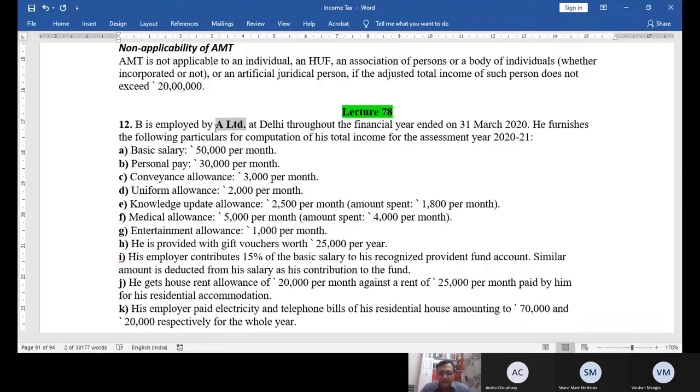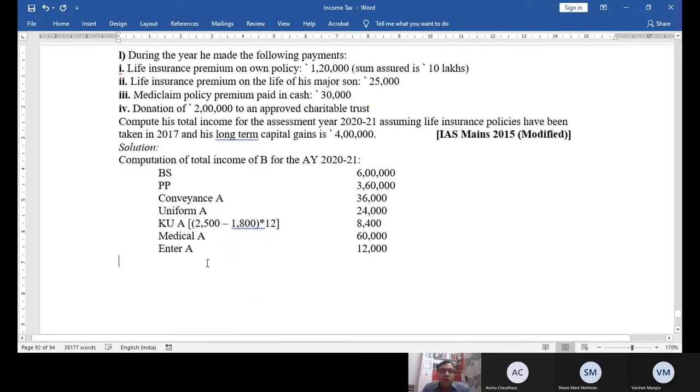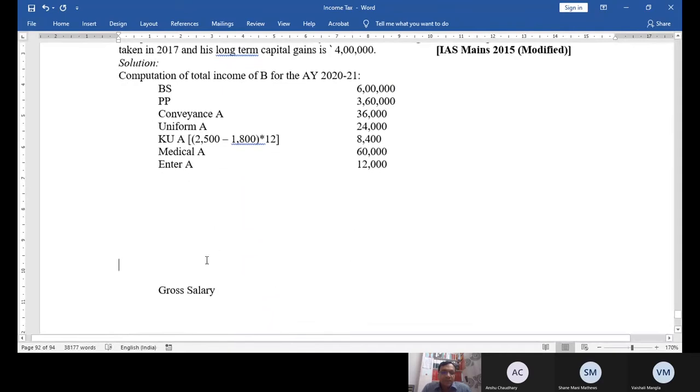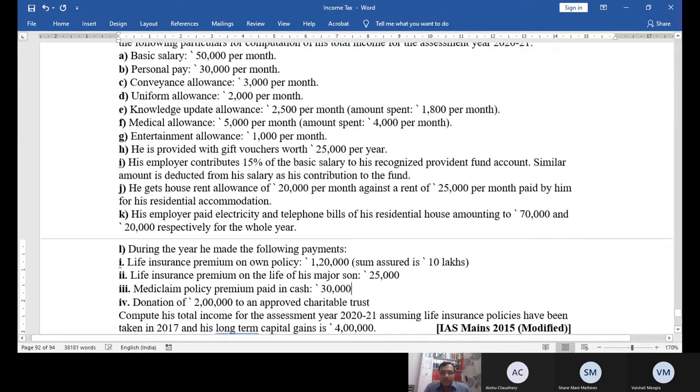But in this example, the assessee is a private sector employee. For private sector employees, there is no deduction of entertainment allowance. Add it, and you deduct only when the employee is a government employee.